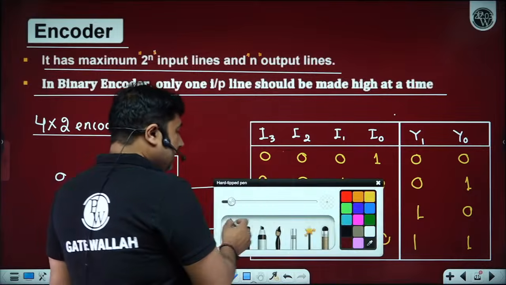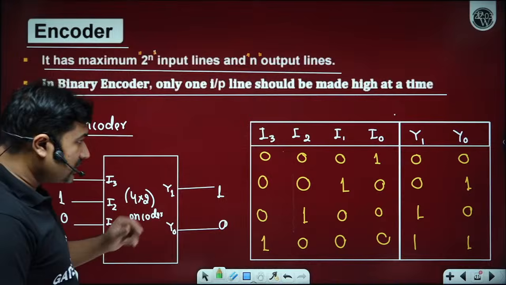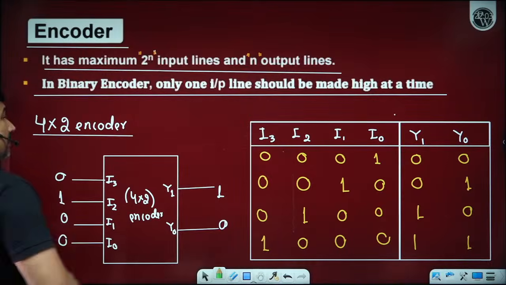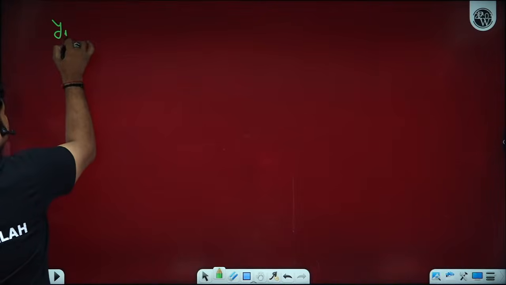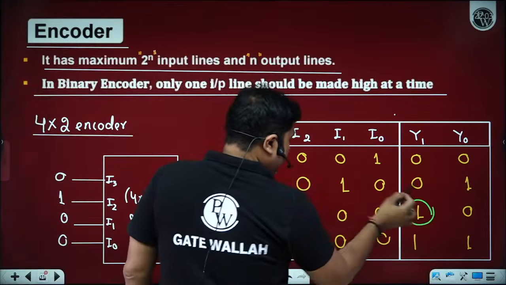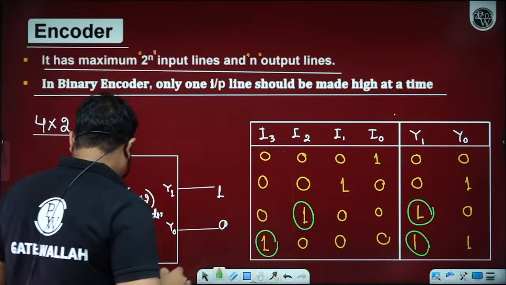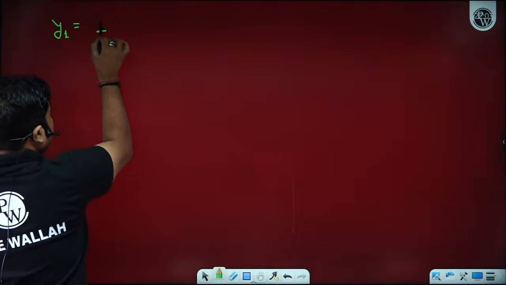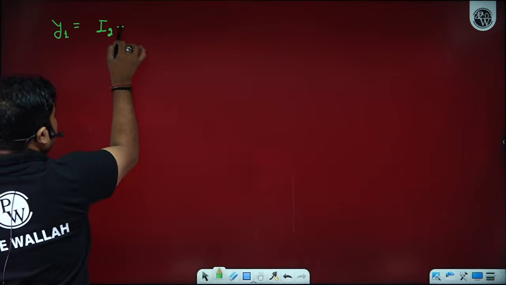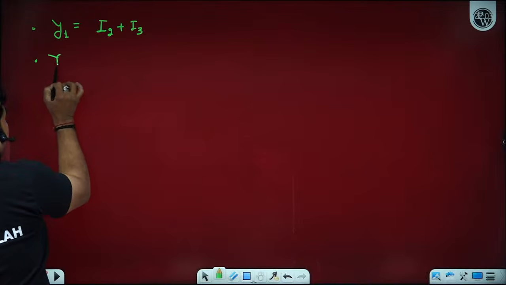So from here we can write the logical expression for Y1 and Y0. What is the logical expression for Y1, beta ji? Where are we getting Y1 high? We are getting Y1 high when either I2 or I3 is high. So any one of them is high, then we will get Y1 high. What is Y0?